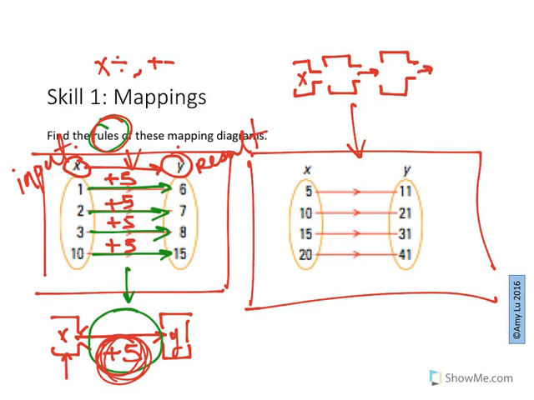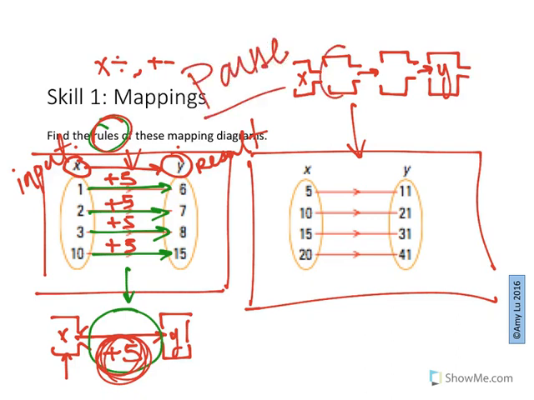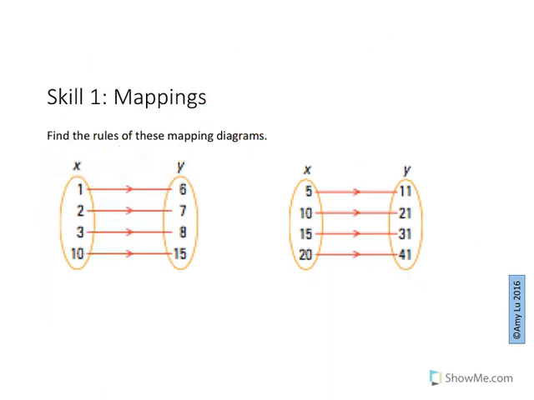And then finally, you get your answer for y. So why don't you go ahead and take a pause and see if you can figure out what those 2 things are to get x to turn into y. So 5 into 11, 10 into 21, 15 into 31, and 20 into 41.